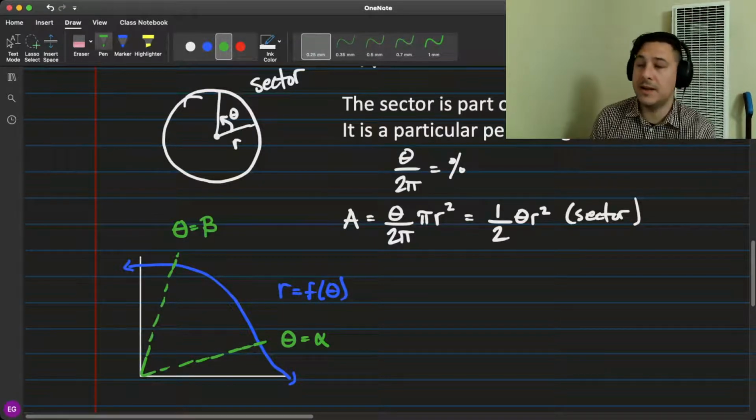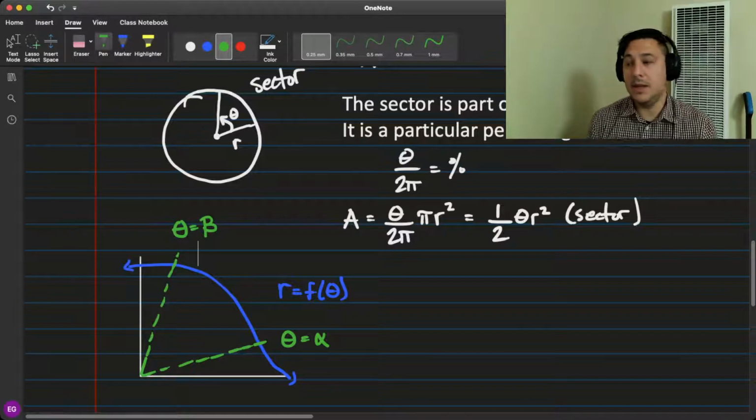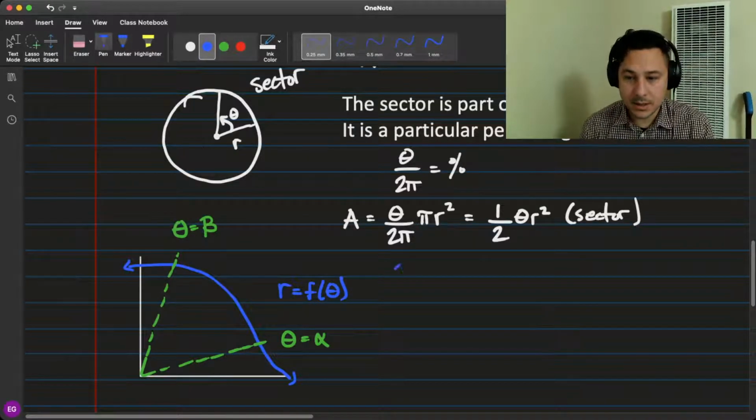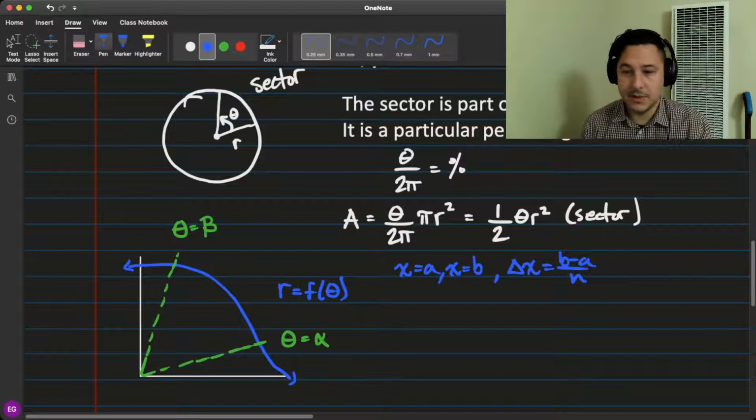That's like your area between x equals a and x equals b. Remember how we took the region from x equals a to x equals b, and we split it into equal parts, delta x, which was b minus a over n. Okay, so we're going to do the same thing here.